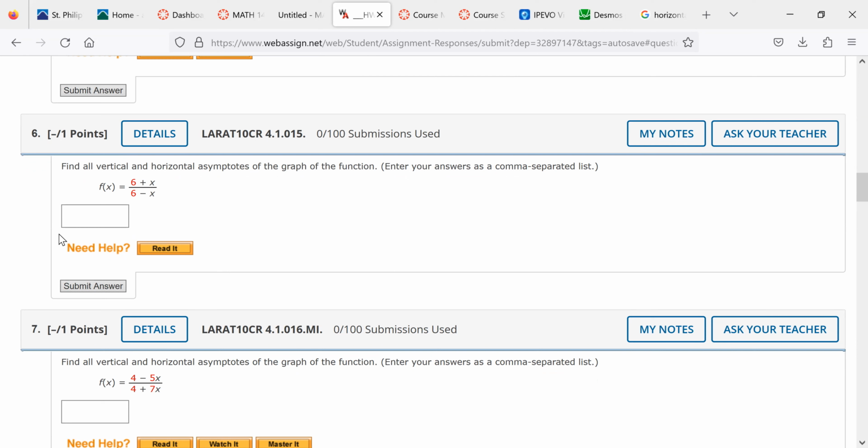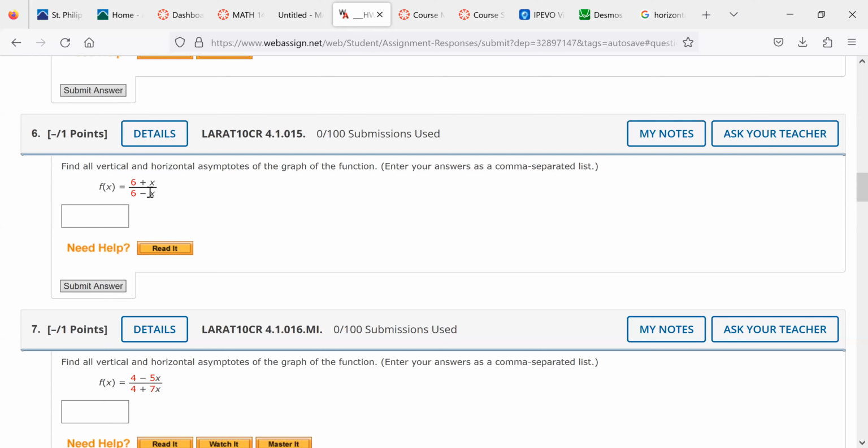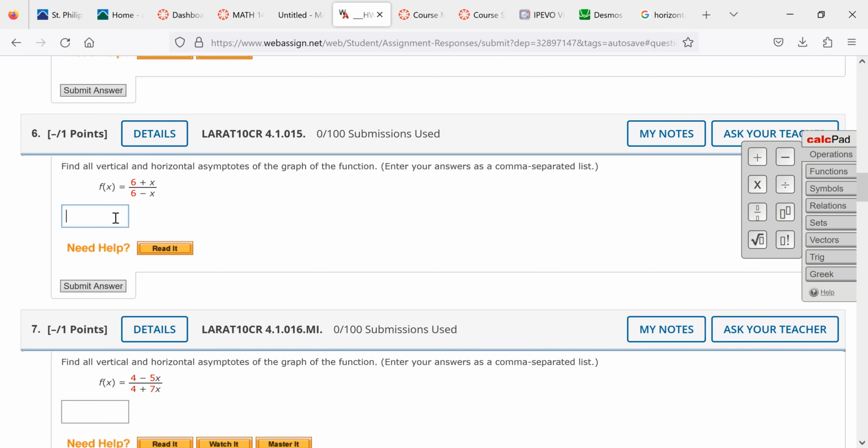So since they are the same, the horizontal will equal whatever number is in front, you look at the coefficients of the highest power. So here they're both 1, right, in front of the x. So the horizontal would be 1 over 1, which is just 1.